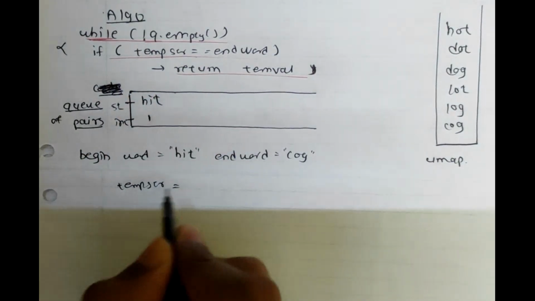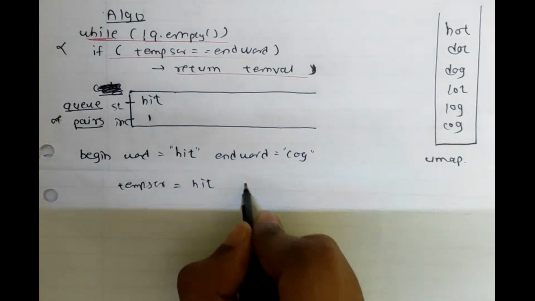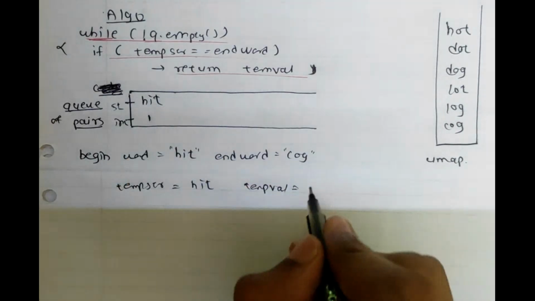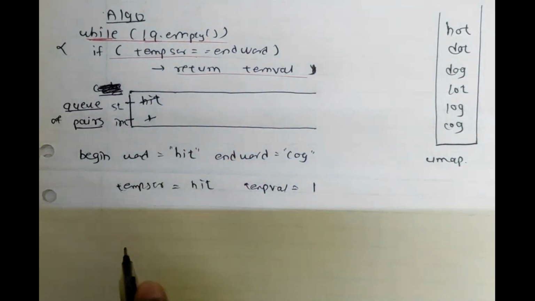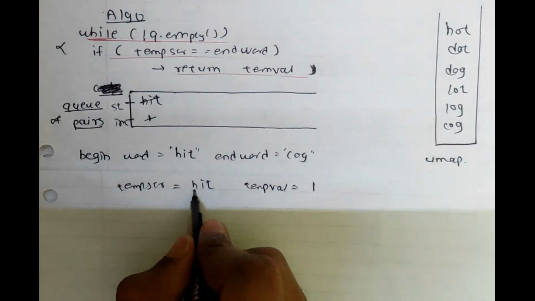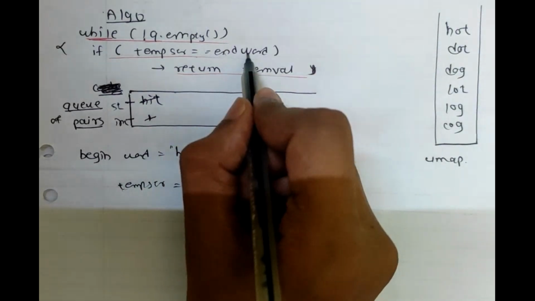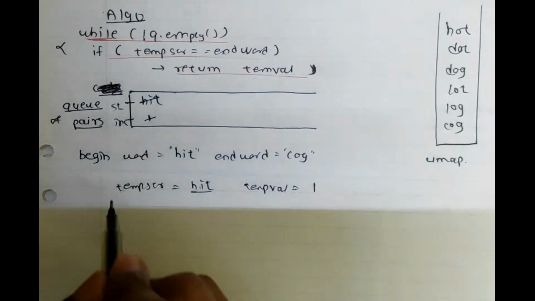Temp str is the string in the queue, which is hit, and temp val is the value present here. As we have taken the value, we will pop this. After popping, we will check if temp str is equal to the end word, cog. Is it equal? No. So we will go on to the further code.